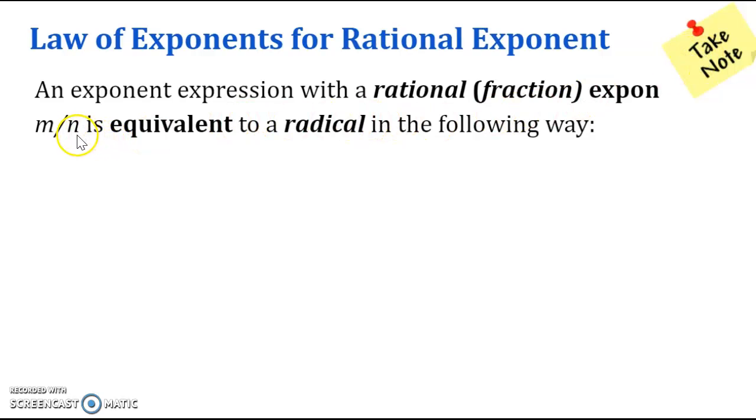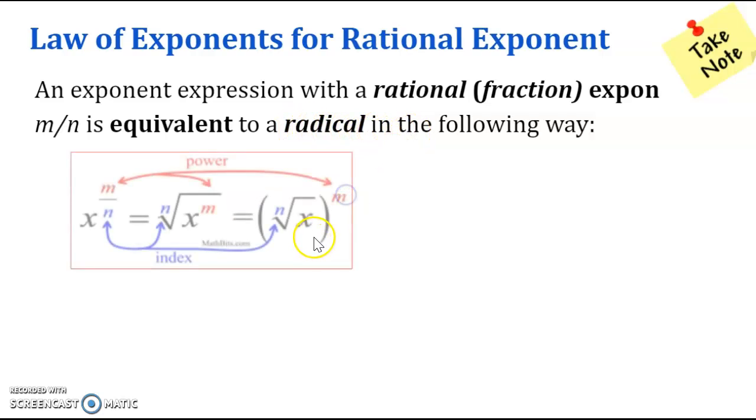m over n is equivalent to a radical in the following way. Okay, so if you have x to the power of m over n, that's going to be the same as the nth root of x to the power of m. So the numerator is raised to the power of m.